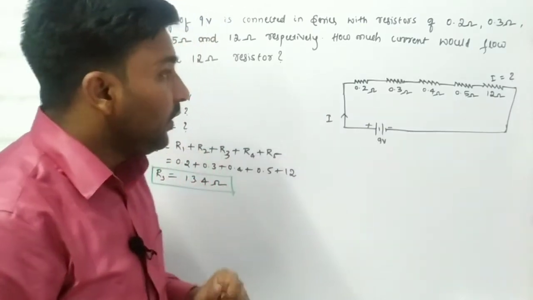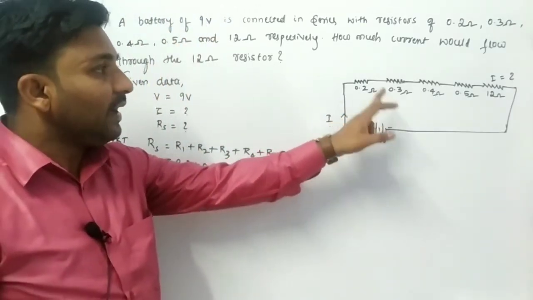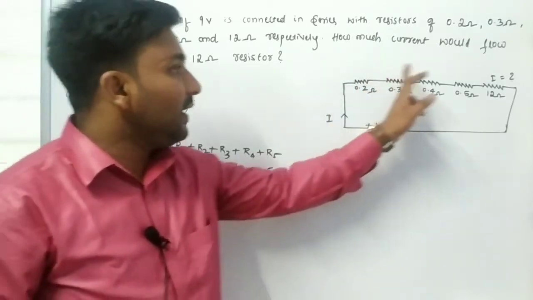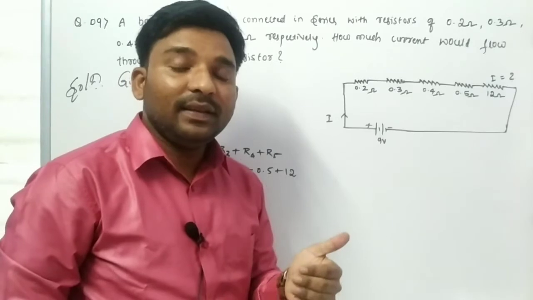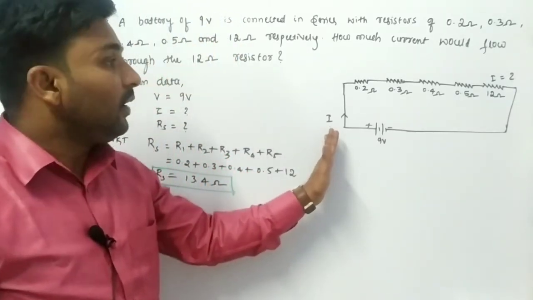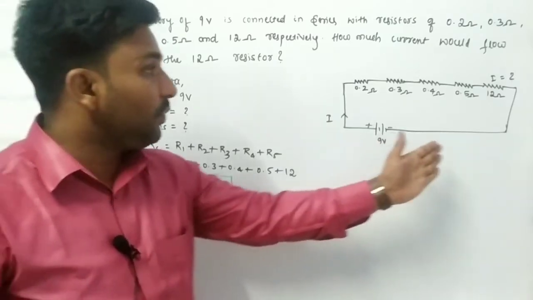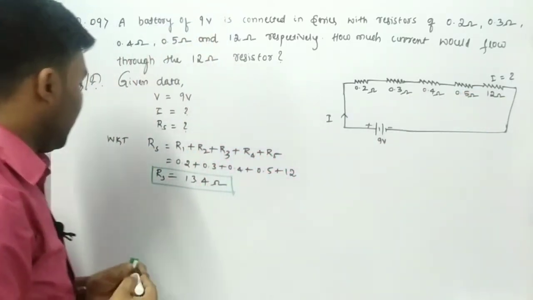Okay, here we have to calculate the current across the 12 ohm resistor. Now we know that whenever the resistors are connected in series, the current flowing in the circuit is same. So here you find out the total current in the circuit. That would be the current flowing in the 12 ohm resistor.